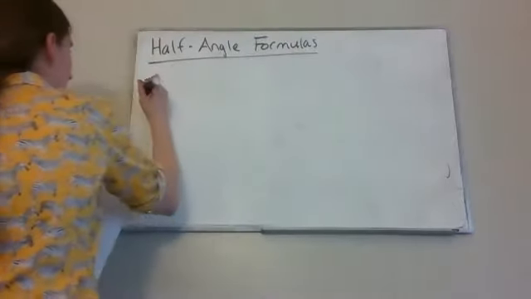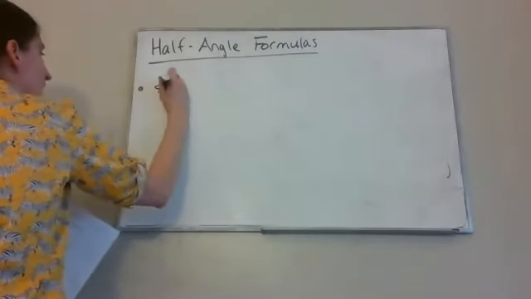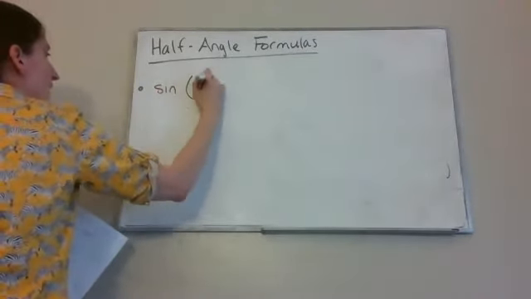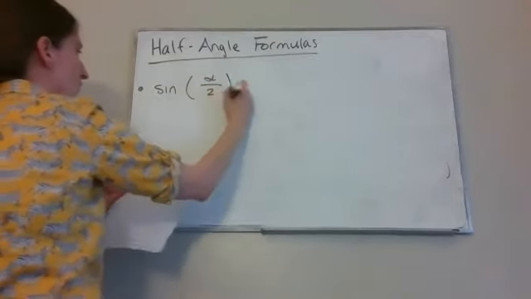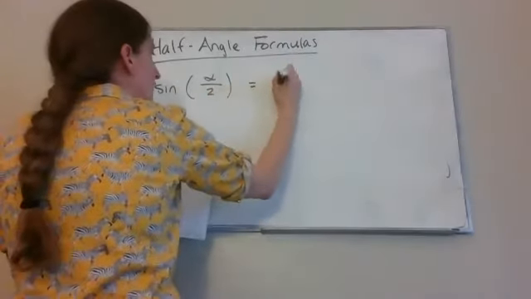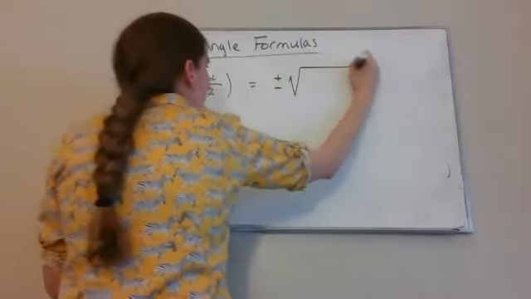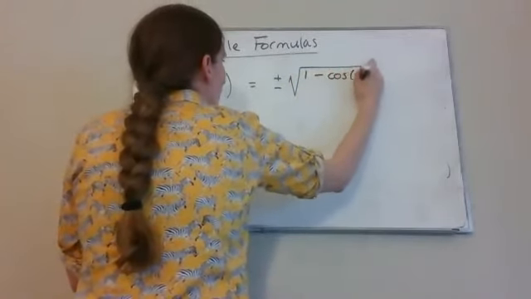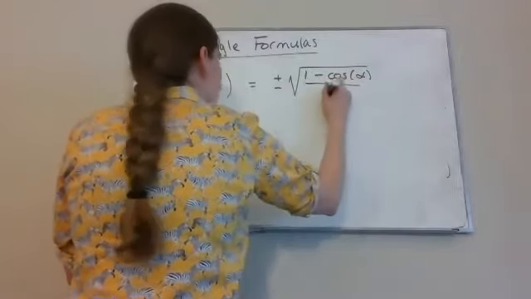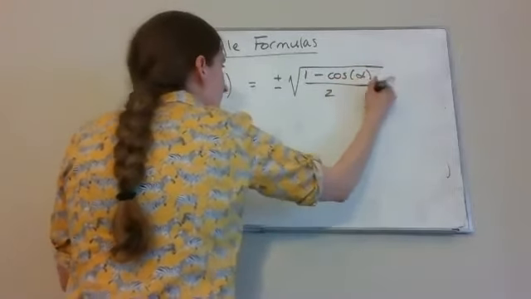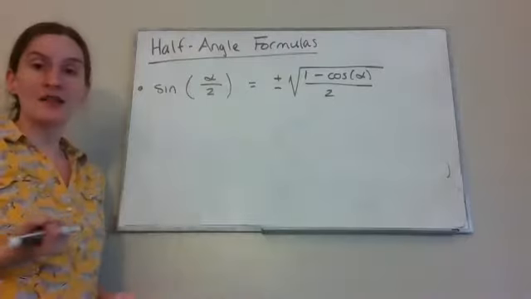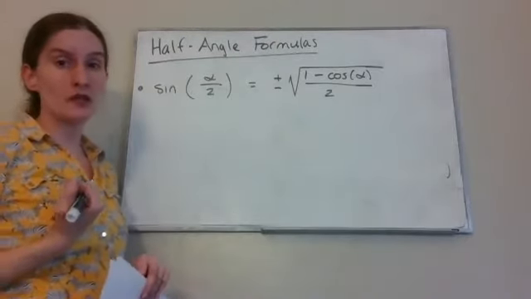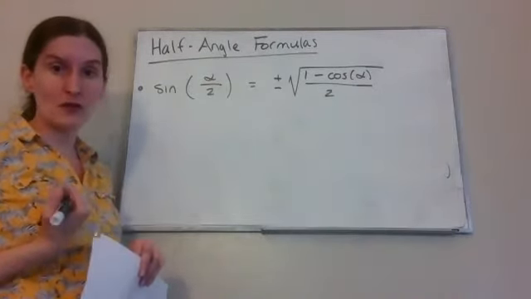Half angle formulas. Sine of alpha over 2 is equal to plus or minus a square root of 1 minus cosine of alpha over 2. Now that plus or minus just depends on which quadrant the angle alpha over 2 falls in.